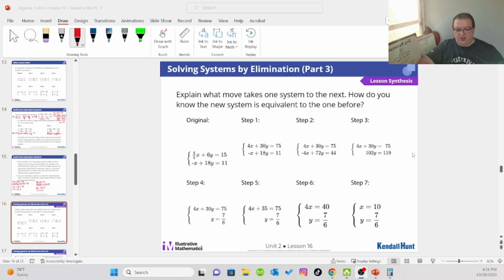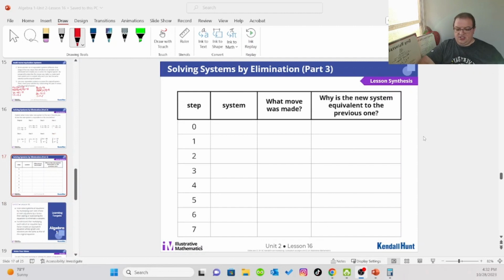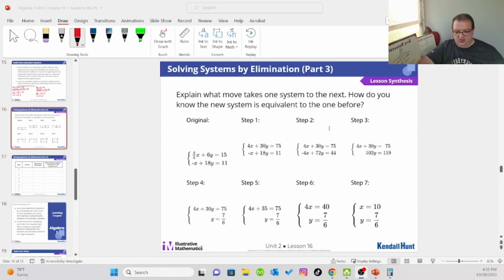So now they want us to explain what move takes one system to the next. How do you know the new system is equivalent to the one before? And they give us this table to fill out. So the first step is the original.